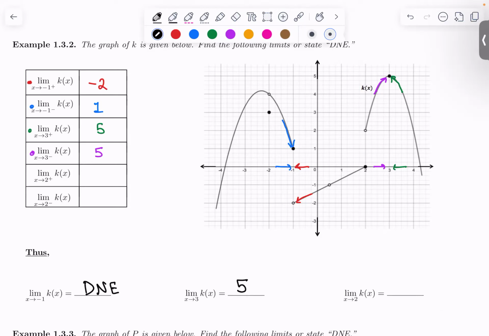We could just see it and figure out that the answer would be 5. Last but not least, the limit as x approaches 2 from the right would be 2. But from the left, it's 0. So the full limit does not exist.